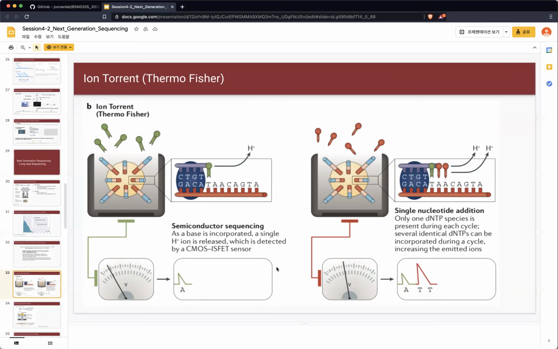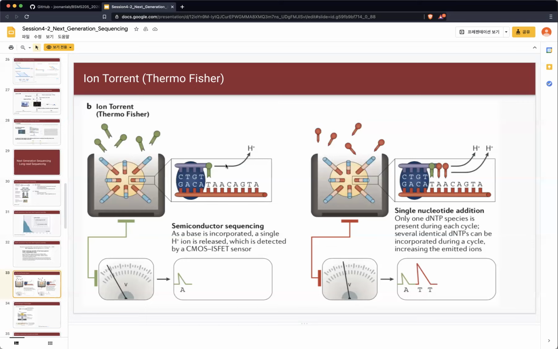Unlike Illumina sequencing, Ion Torrent measures the current from the ion emission, and it processes each position on a semiconductor platform. The semiconductor is modified to be sensitive to ion detection, and using this ion detection with current level, it identifies which nucleotide binds to each template.